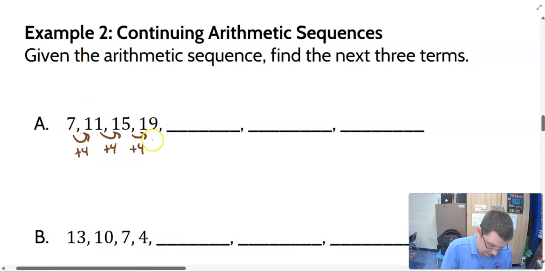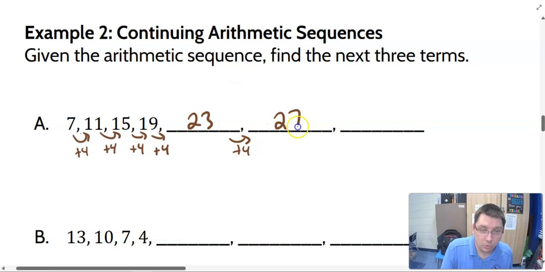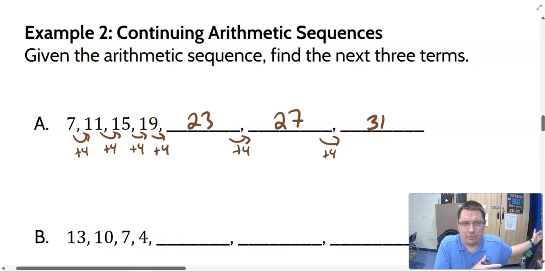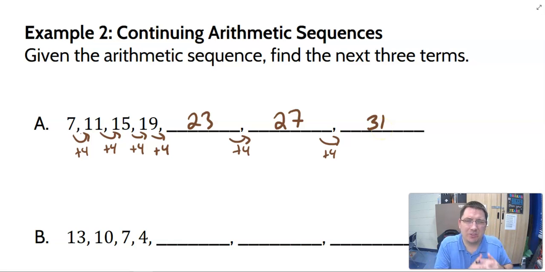So we take the 19 and add 4. 19 plus 4 is 23. We add 4 again. 23 plus 4 is 27. And then 27 plus 4 gives us 31. We can continue this pattern on forever, right? With arithmetic sequences, we're looking for that common difference to know how we go from one term to the next, and we just continue that pattern.